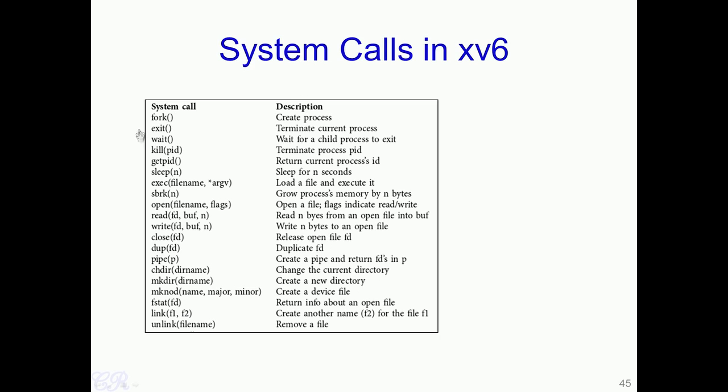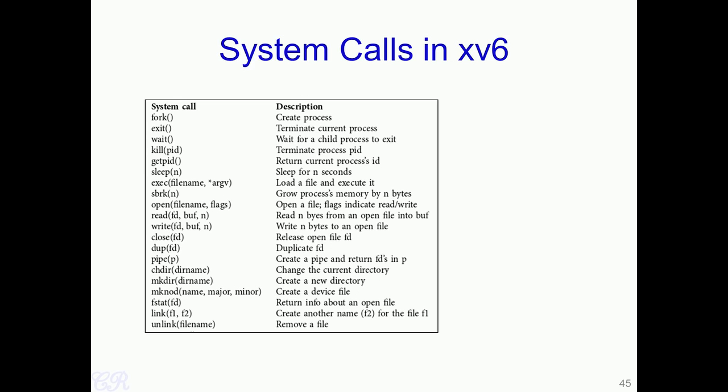Each of these system calls would be executed by having a software interrupt such as INT 64, because it is xv6. Each time any of these system calls is invoked by a user process, it would trigger the operating system to execute.